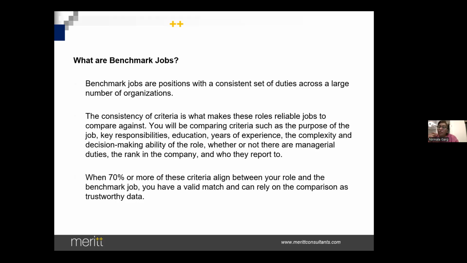If you are not able to find those jobs, there might be 1 or 2% of jobs which are unique to your organization, and there are ways where you can still do market pricing later, which I mentioned in my last session. So you may not find all your positions in the market, at best 50 to 60%, because every organization has certain 5 or maybe 10% unique positions which may not have commonality. Okay. So this is very important.